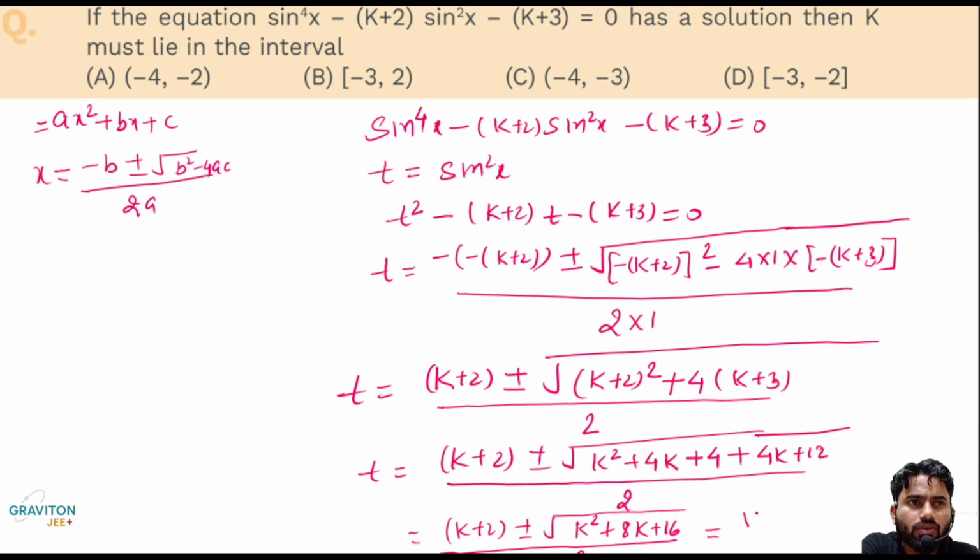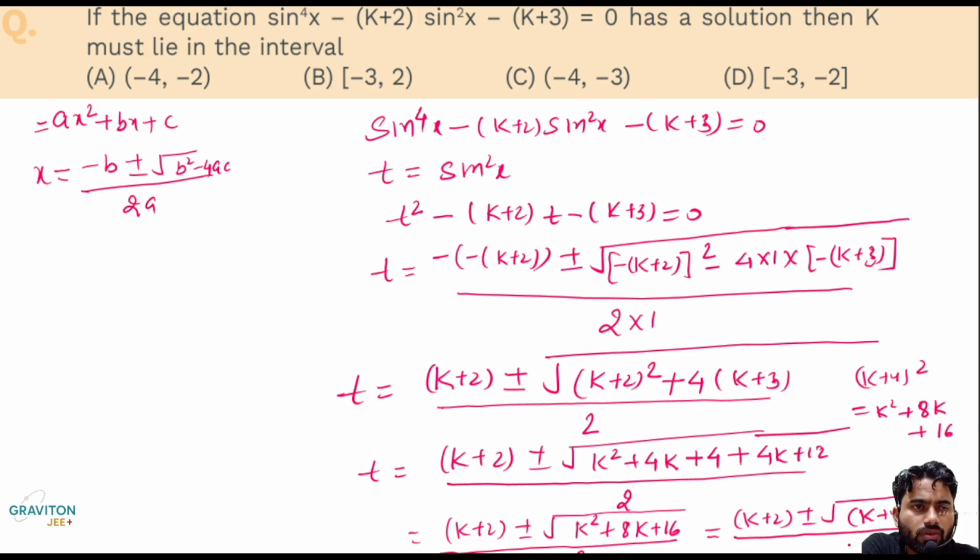This is equal to k plus 2 plus minus the root. What is this? This is nothing but k plus 4 whole square. Basically, if you open (k plus 4) whole square, it is a square, so k square, plus 2ab, so 8k, and b square, 16.